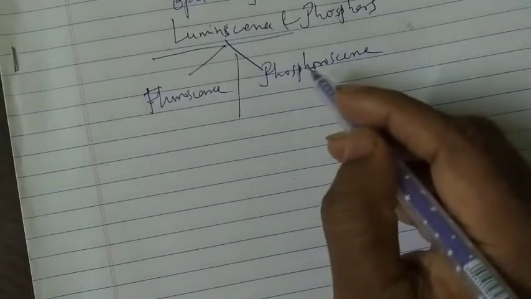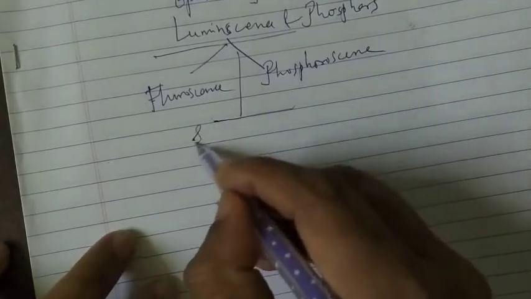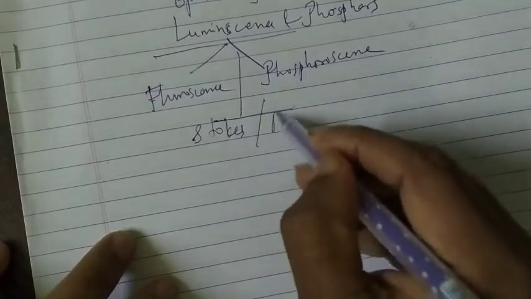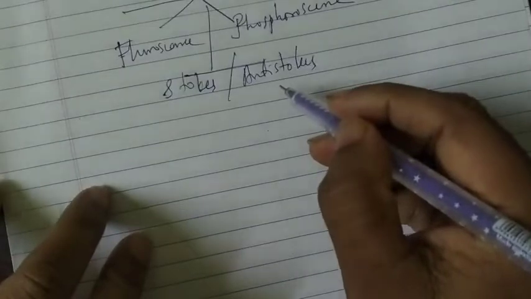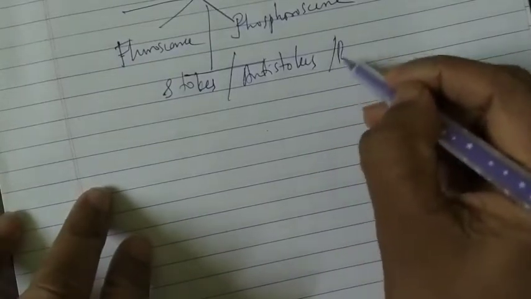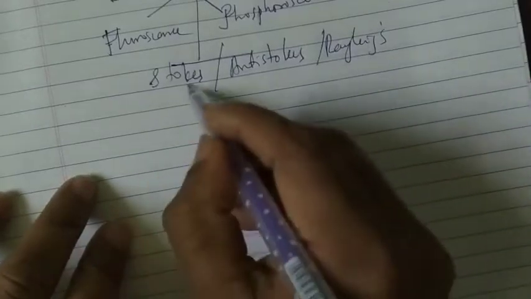So today we'll learn regarding the phosphors, and some concepts will come in this, that is Stokes, anti-Stokes and Rayleigh lines. Okay, so what is this Stokes?